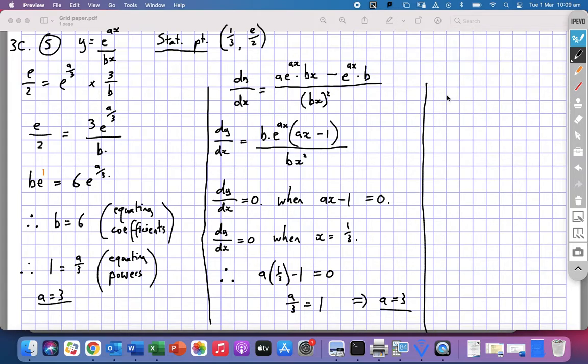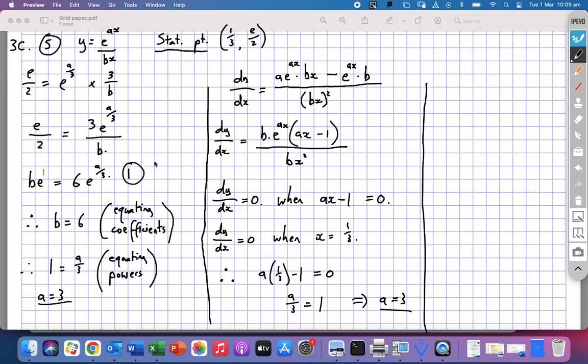So if a equals 3, do we have a nice expression for b somewhere? Maybe we could go back to this. What if I give this a little star or a marker?